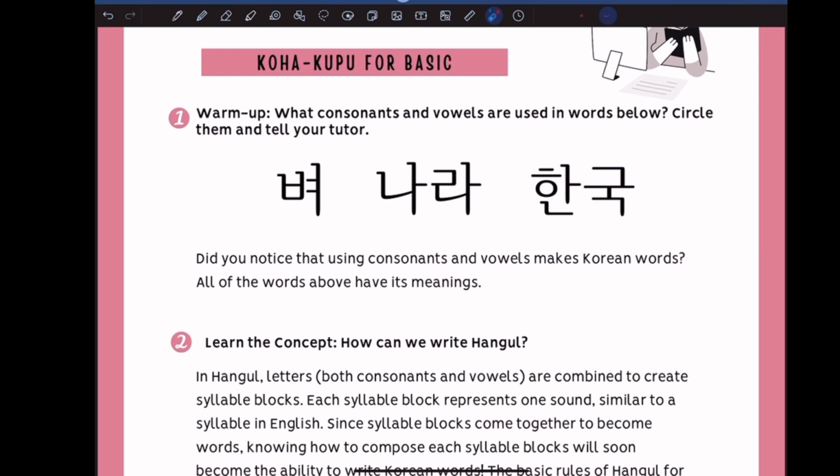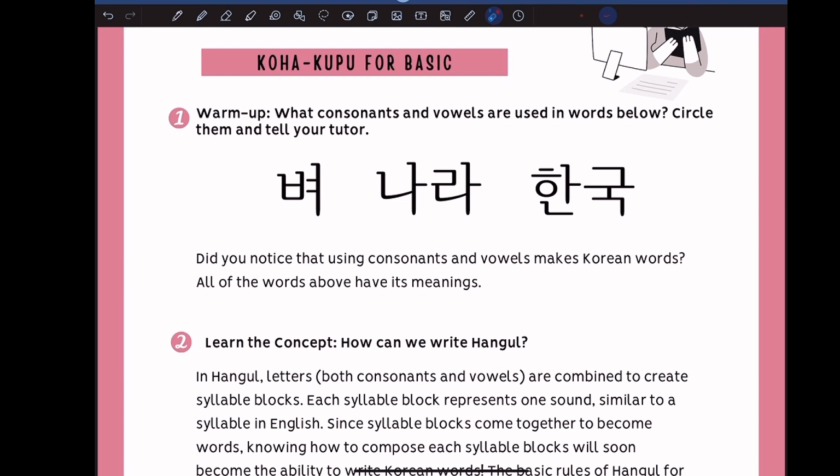The second word over here, the consonants in this word are the n sound and the r sound. So once again, n sound and the r sound. The vowels in this word is the a sound. Both of them are a.